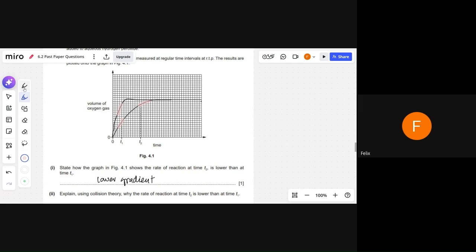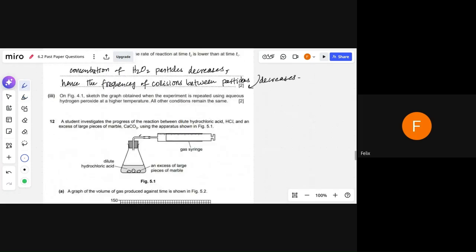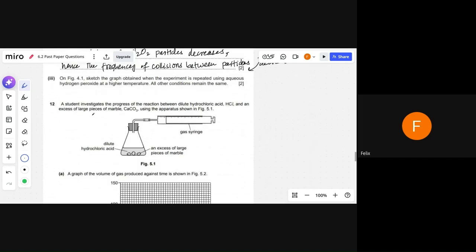All right, so now question 12. A student investigates the progress of the reaction between dilute hydrochloric acid, HCl, and an excess of large pieces of marble, calcium carbonate, using the apparatus shown below.